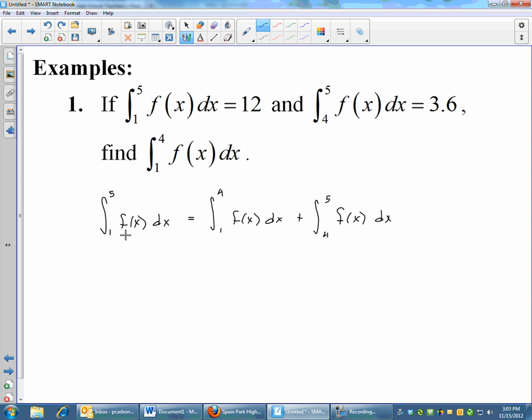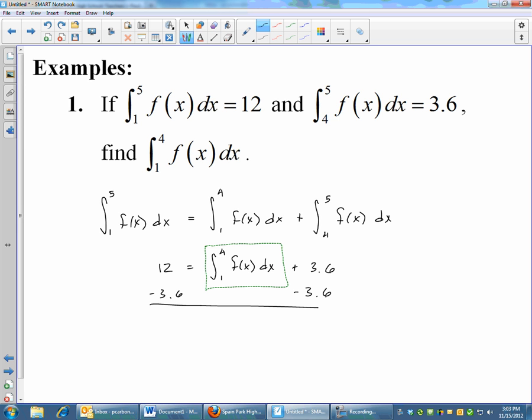And if you look at what's given, the area from 1 to 5 was given. That's 12. Area from 1 to 4 is what we're looking for. And the area from 4 to 5 was also given. And now we just solve the equation, only the unknown is this big, huge, honking antiderivative. So I will subtract 3.6 and get an answer of 8.4 for the area from 1 to 4.